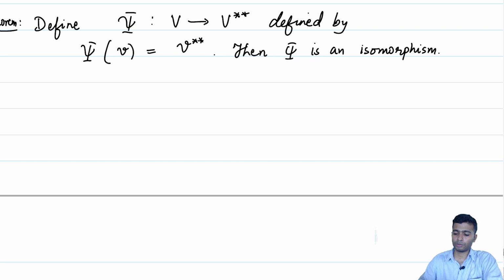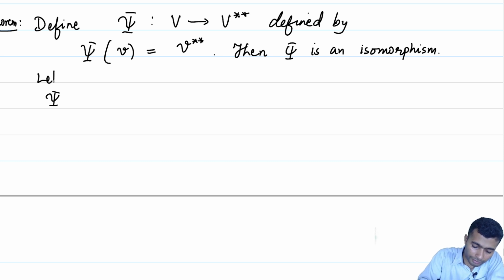So, to show that psi is an isomorphism, first we need to check that psi is a linear map. So, how to do that? Let us consider V1 and V2, two vectors in capital V, and let us look at psi of V1 plus V2.